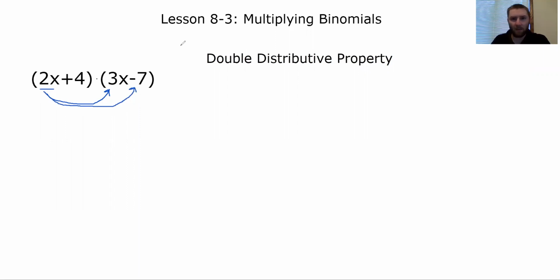And then we do exactly the same thing with this positive 4: the positive 4 times the 3x and also times the minus 7. So it's a double distributive property, and we come out with 4 pieces, and then hopefully we can see that we can combine the two in the middle because they will be like terms.